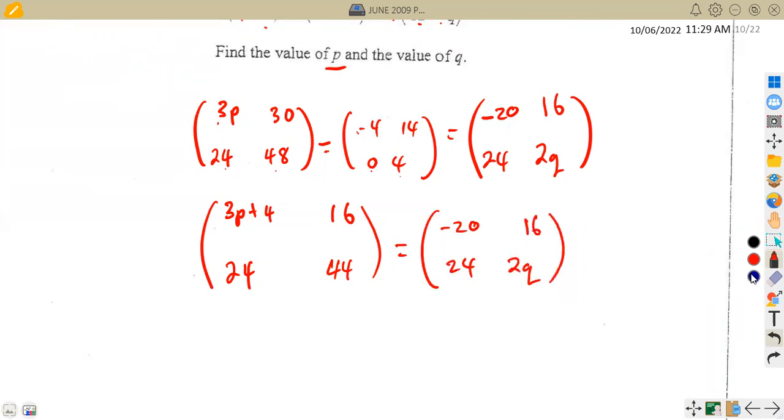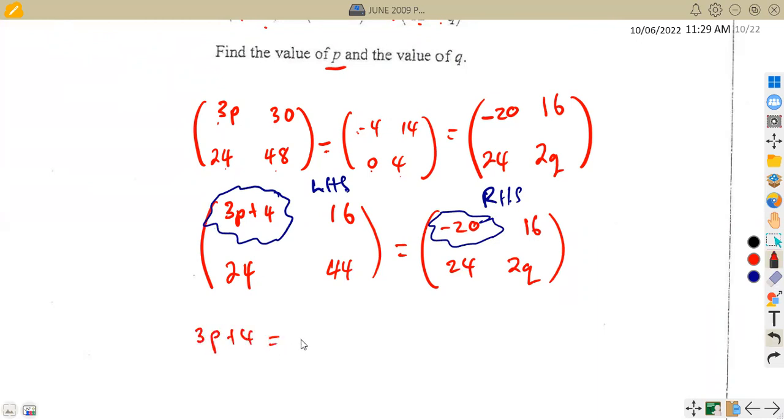Okay, so from this concept, these two matrices, we are saying these are the resultant on the right-hand side and on the left-hand side. So what we are simply saying is that these two are equal. So you can equate the corresponding parts here, the 3P plus 4 and the minus 20, these two are actually the same. So it can be an equation. Now say 3P plus 4 is equivalent to minus 20.